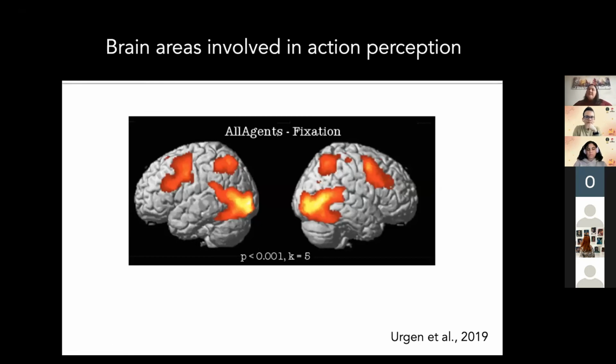So this was basically a nice validation of previous work. But we were interested in going beyond activation, beyond what is involved, right? We were interested in understanding what type of information is processed in STS, what type of information is processed in parietal or premotor.